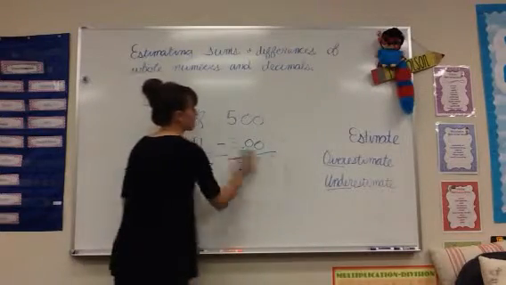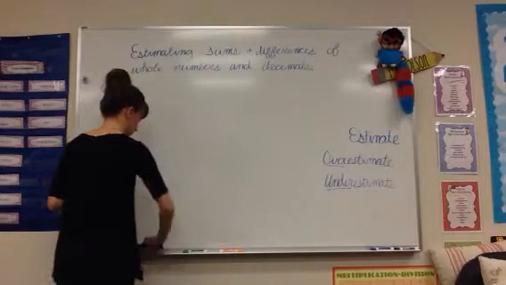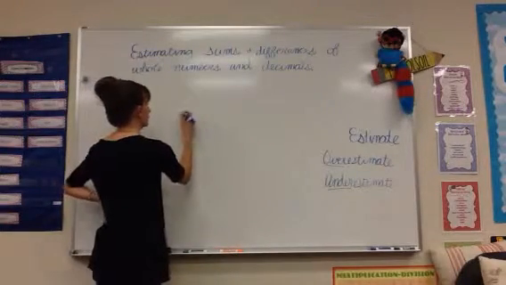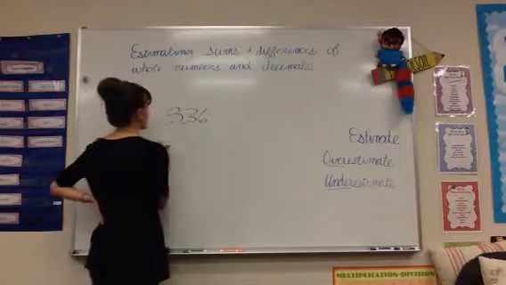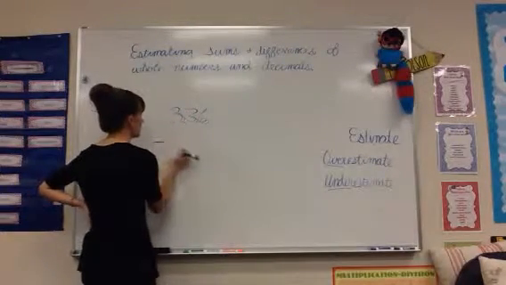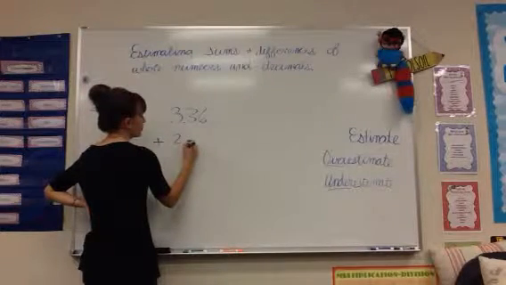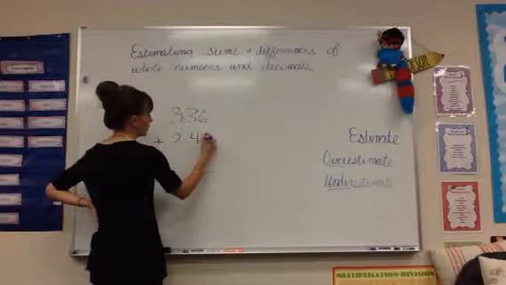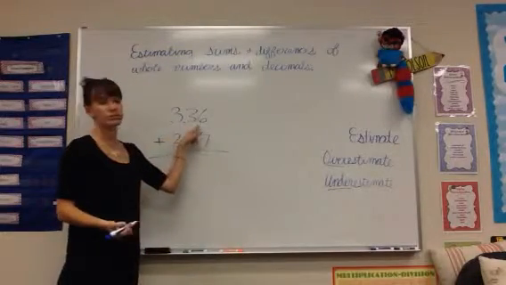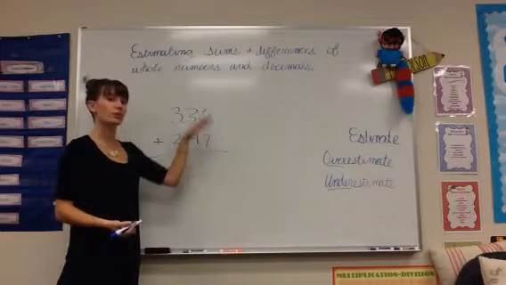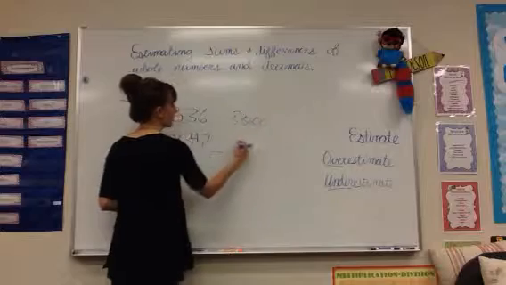Let's try to do an underestimate. Let's do 3.36. Take away, well, let's add this time. 2.47. 3.36 rounded to the nearest whole number rounds down to 3, or 3.00, up to you.